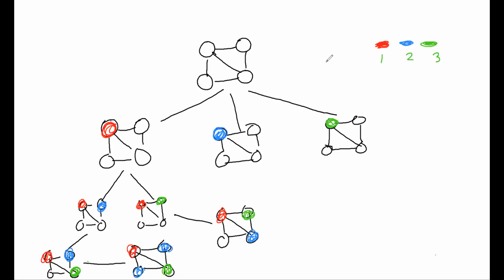So all the solutions in this case will look like this. Let's say for some time that we have only two colors available, then we will not be able to do the coloring for this one. So that will not be enough.